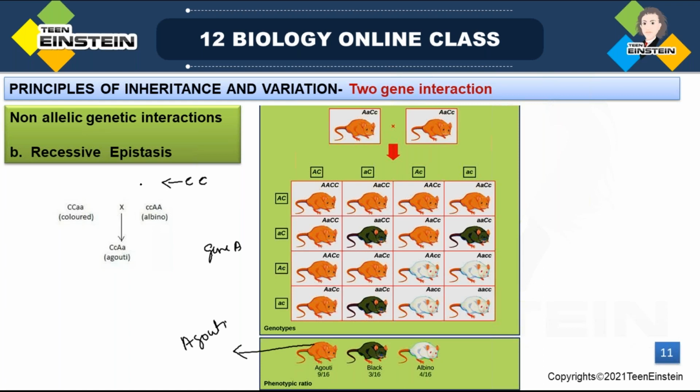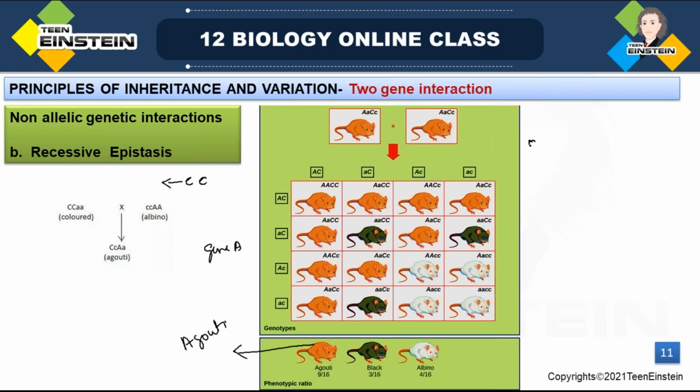Okay. So in the presence, here dominant allele A gives agouti, we said. So here dominant C. Here, there are different conditions. When the C gene comes in recessive condition, that forms what?